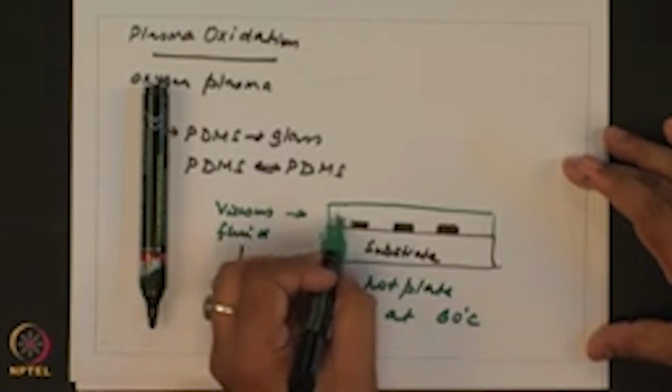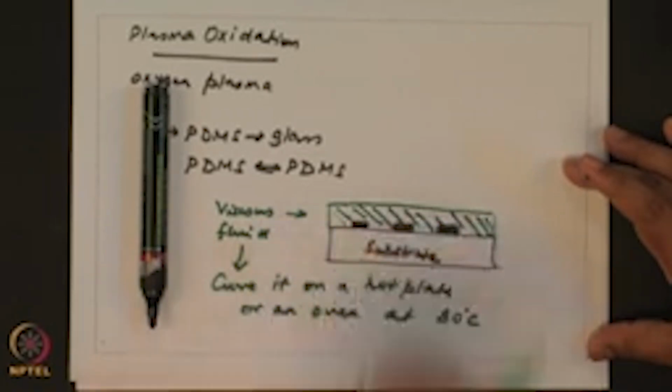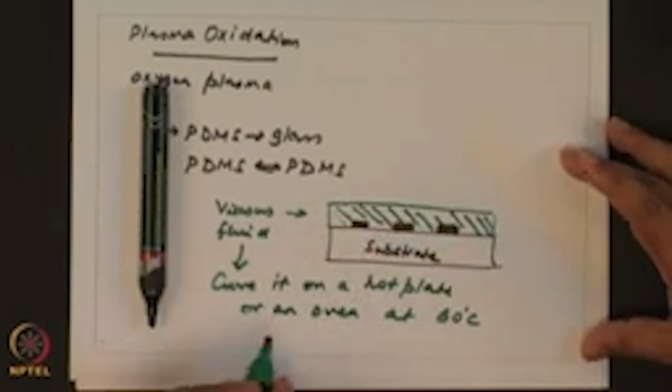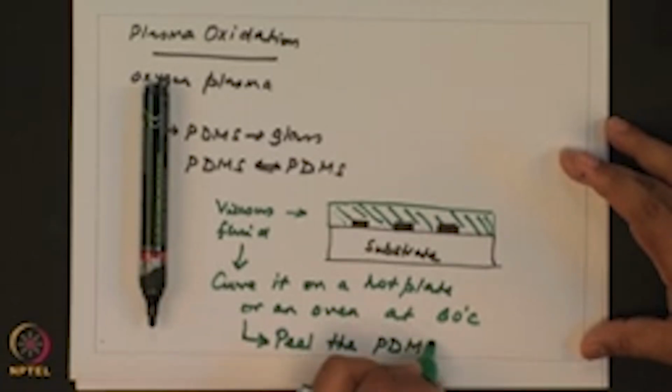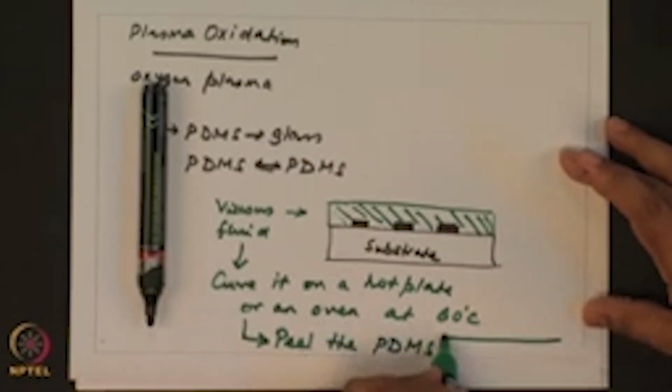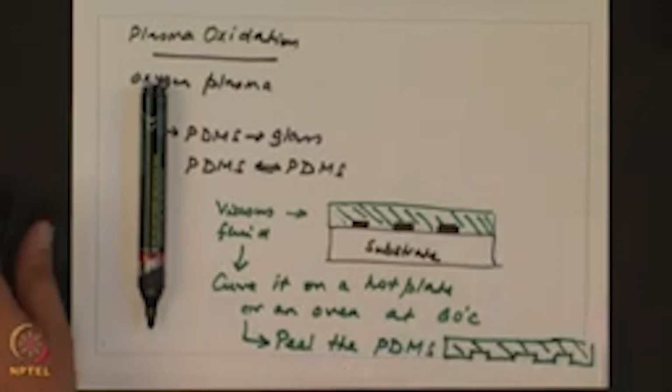This material will then polymerize. Once it has polymerized, you can peel the PDMS. So, this is what you are left with.